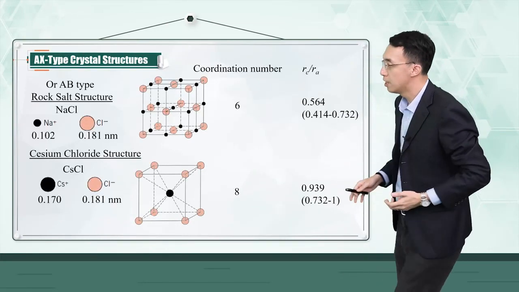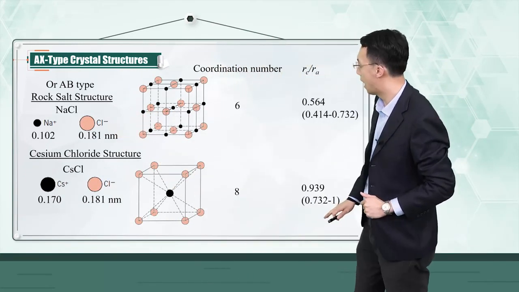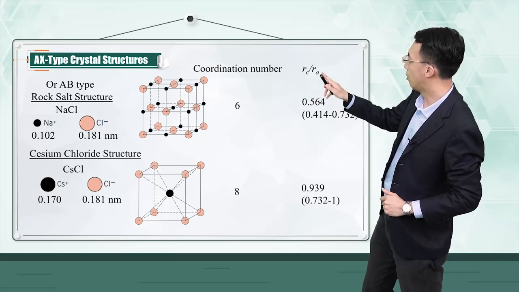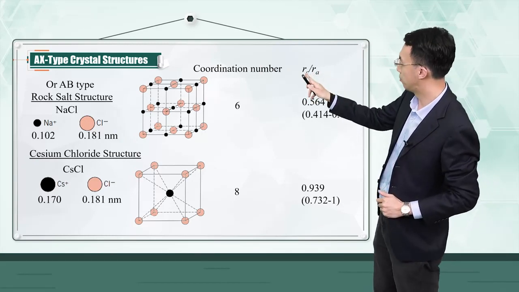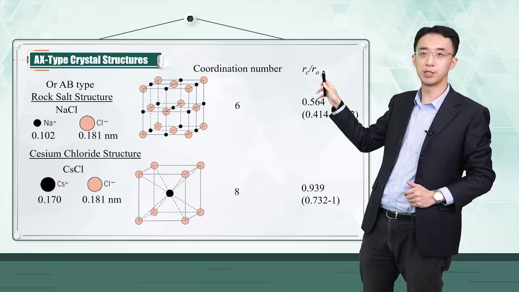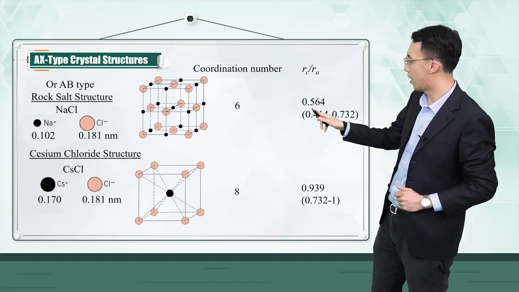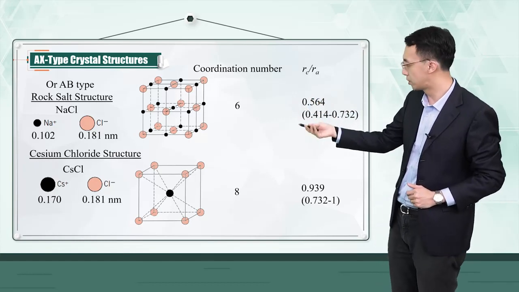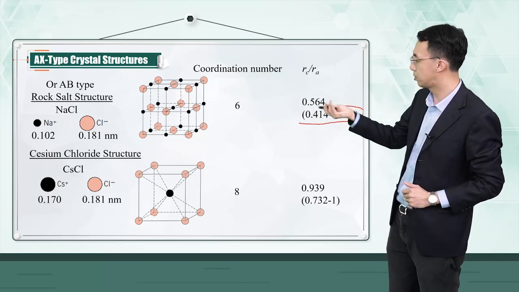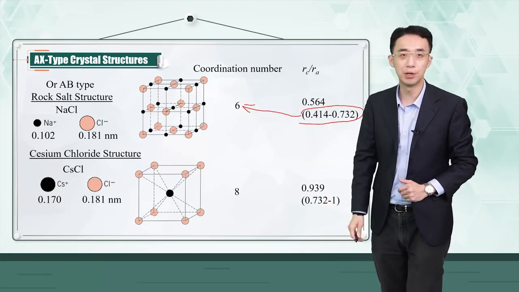For example, in this sodium chloride structure, you will have this R_C over R_A ratio. R_C is the radius of your cation, and R_A is the radius of your anion. And this R_C over R_A ratio has a value which falls into this range, which gives rise to a coordination number of 6.